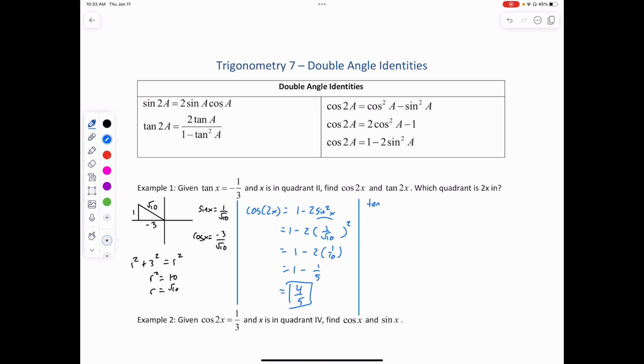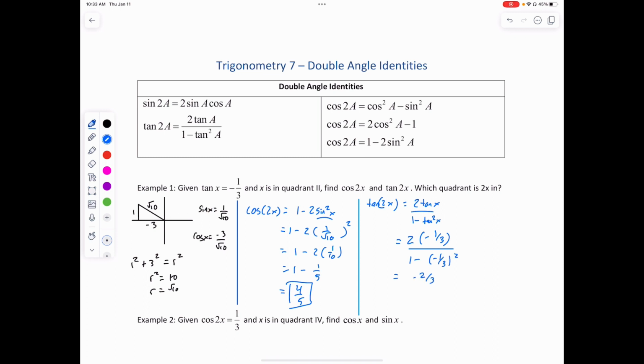Now, tangent of 2x we could do in one of two ways. One way is we could say, let's just find the sine of 2a, and then divide sine over cosine. That's useful if you don't remember this identity. But we could use this identity directly. This is going to be 2 times the tangent of x over 1 minus the tangent squared of x, which is equal to 2 times, the problem told us that the tangent is negative 1/3, over 1 minus that negative 1/3 squared.